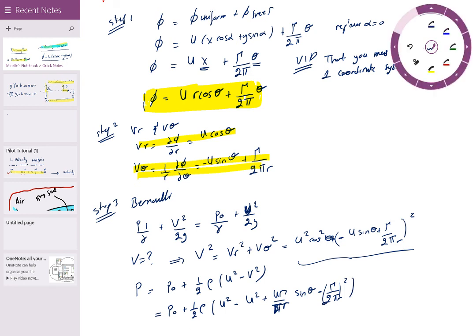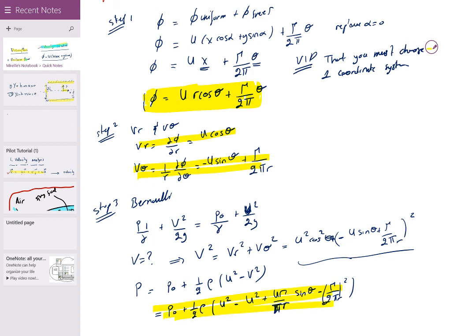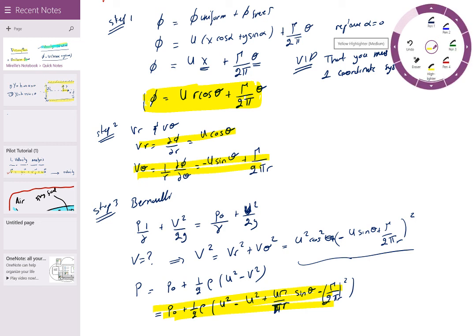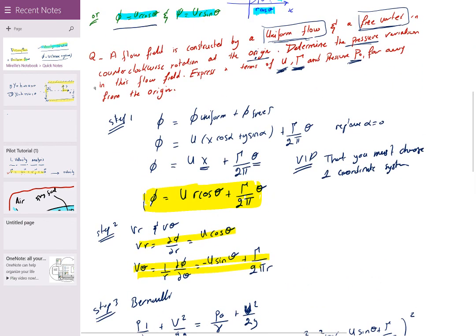And that's the answer for the question. The problem is solved. Those problems are very simple if you follow the steps of the solution mechanically. Just construct your flow field by superimposing the given canonical flows right away without thinking.